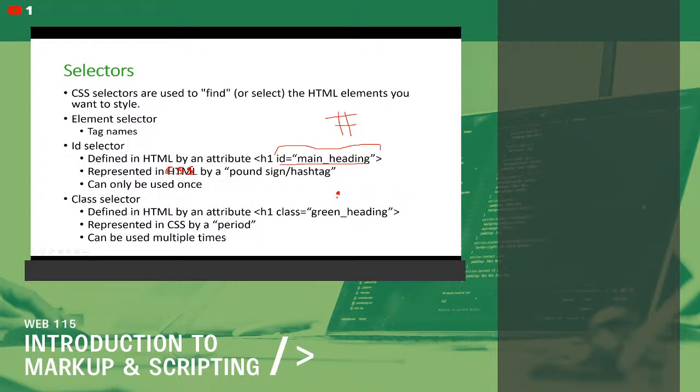And as our browser is rendering that, it sees that period, and it's going to know this is a class. What follows this is a class name, so it's related to anything in our HTML that has the class attribute in it. And you can use a single class as many times as you'd like.